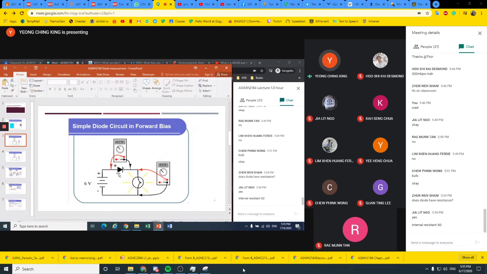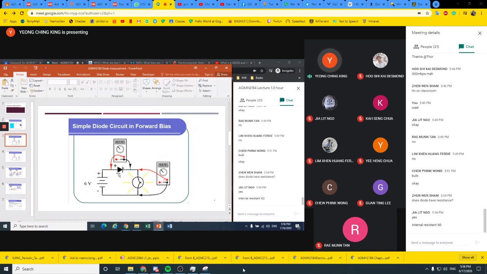there are three models we can consider. First one is the ideal model. In the ideal model, we just assume that when forward biased, the diode is a short circuit. That means 0 volt, no voltage across it.